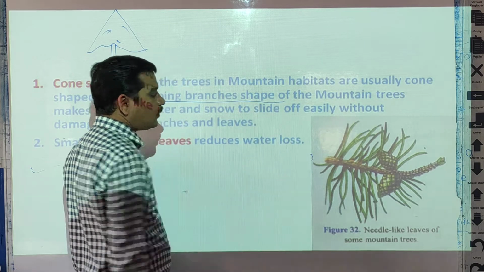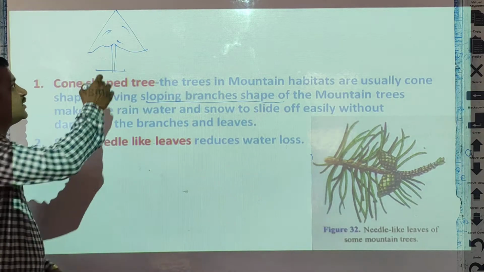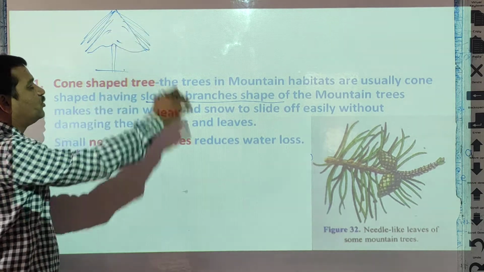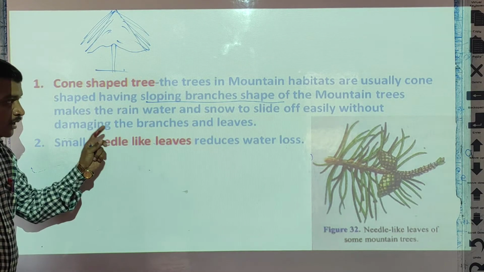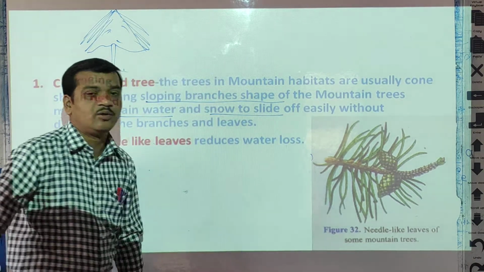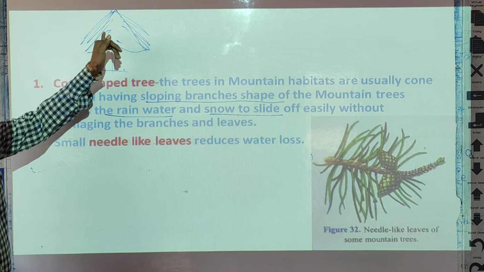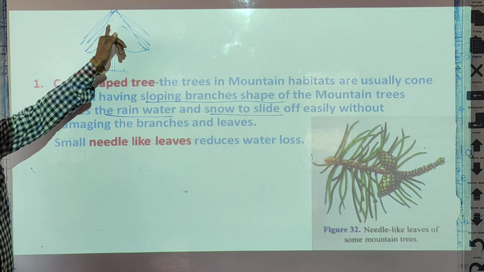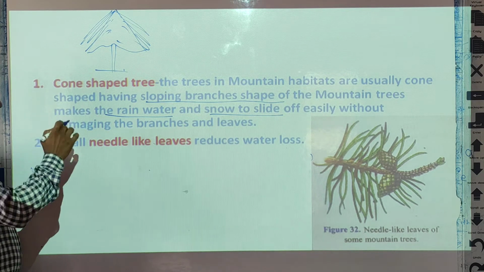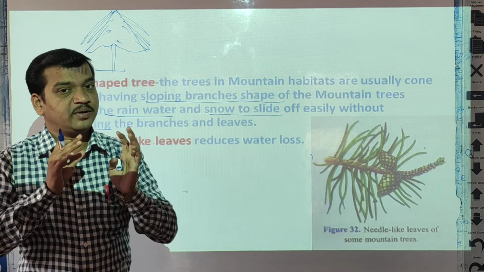The position of the branches is downward, and these sloping branches of the mountain trees make the rain, water and snow slide off easily. This structure is cone shaped to slide off the snow as well as rainwater and protect the branches and leaves of the trees from damage.